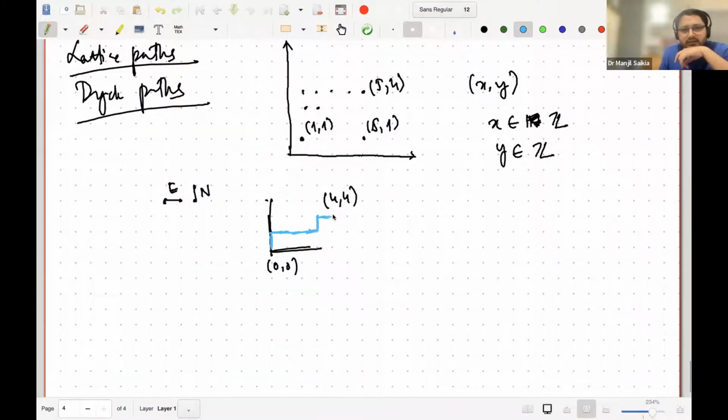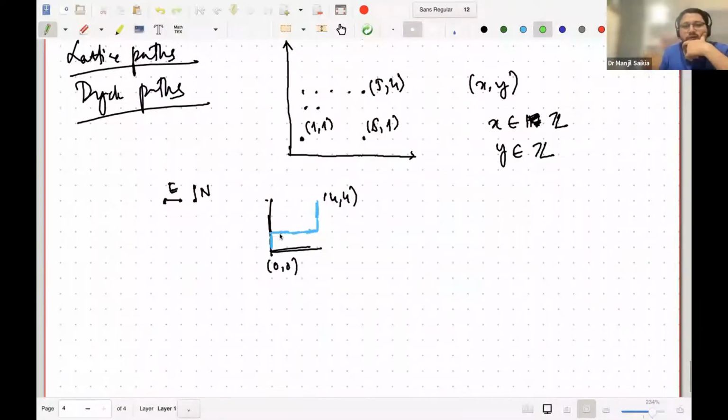Oh, I made a mistake, sorry. This is not correct. So I go east, and then I reach the (4, 4) position. So this is one path which I have taken, which is the blue line.